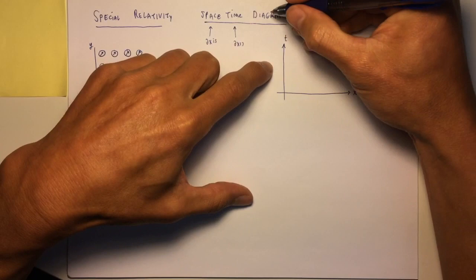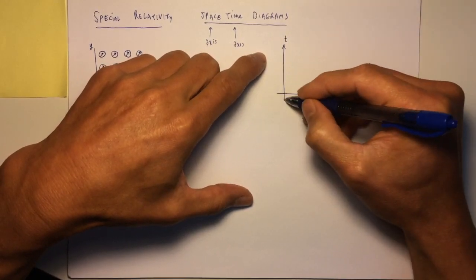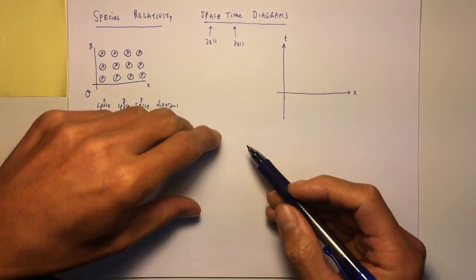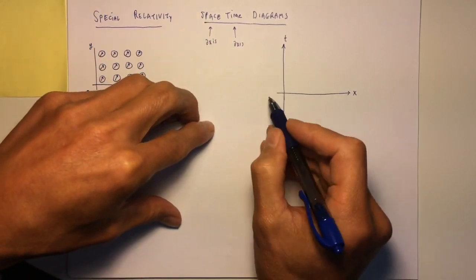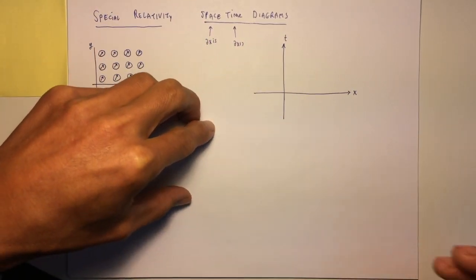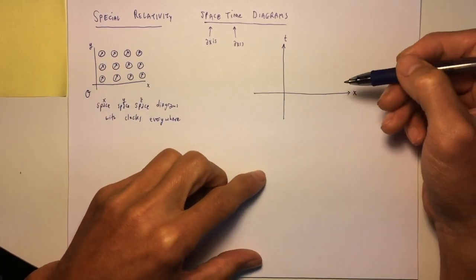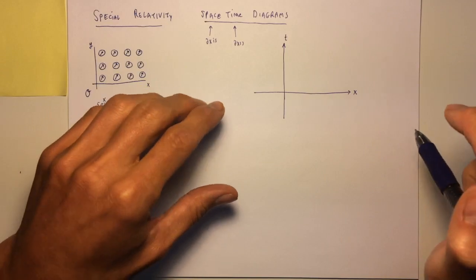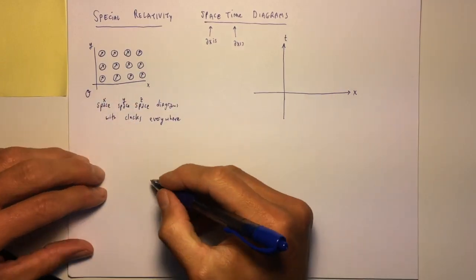This is the space-time diagram, and you can have negative values of time and negative values of position too in the x direction.